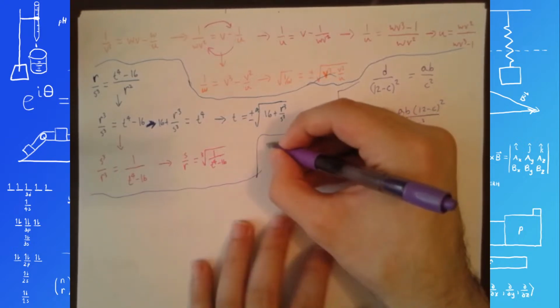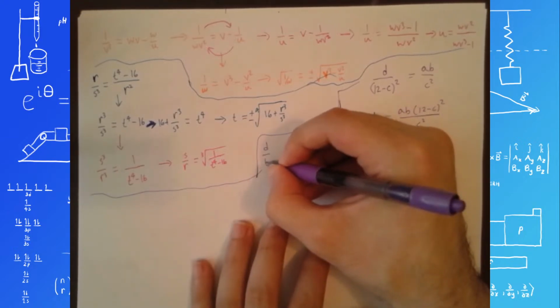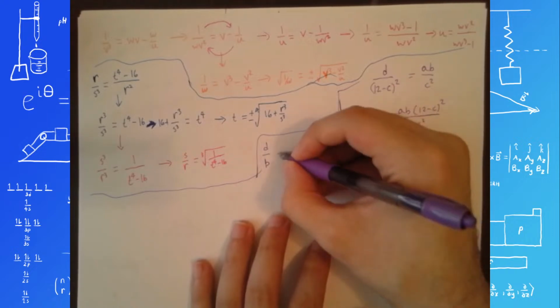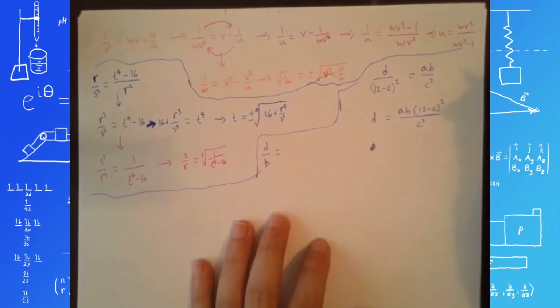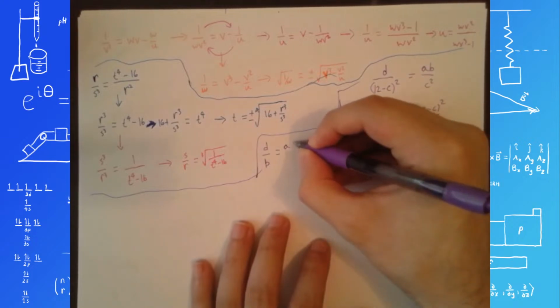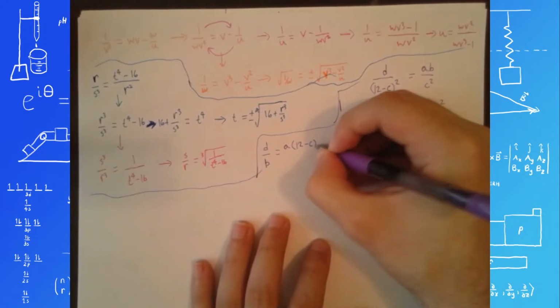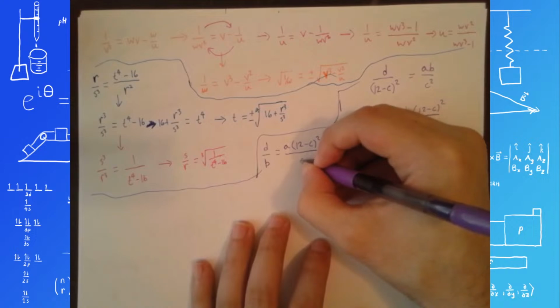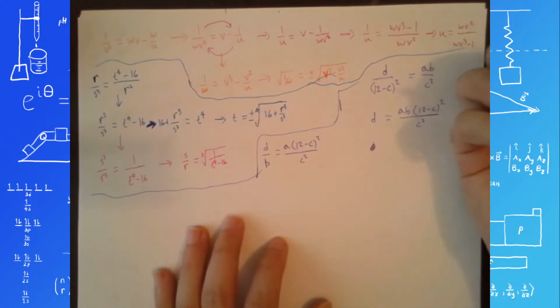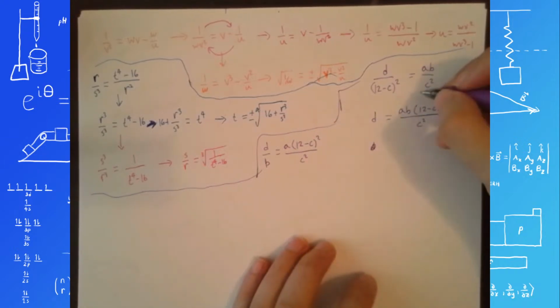Actually, let me write it over here. D over b equals a times 12 minus c quantity squared over c squared, and leave it at that. 2 steps and done.